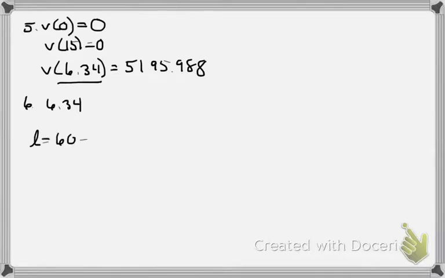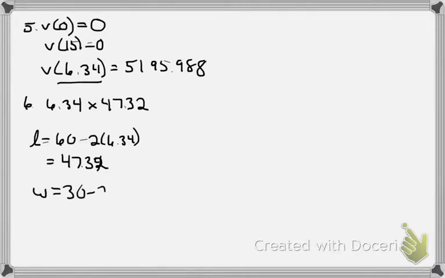So 60 minus 2 times 6.34, and I'll get 47.32. I wrote 4 there, sorry about that. And my width is equal to 30 minus 2 times 6.34, which is equal to 17.32.